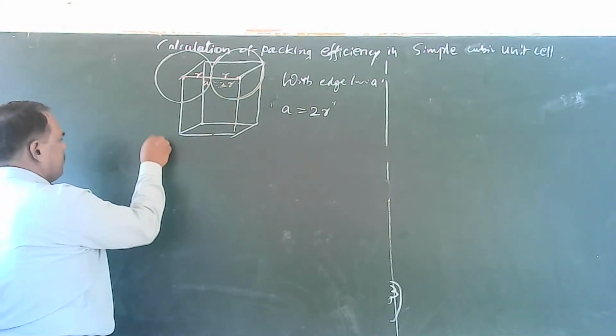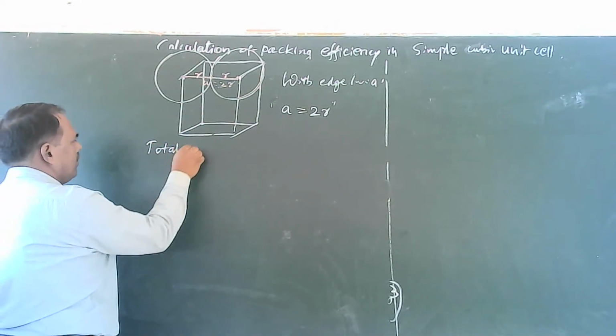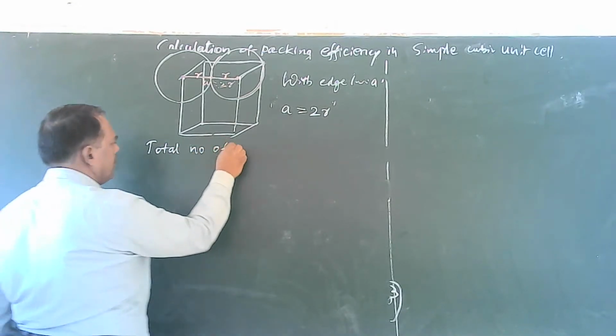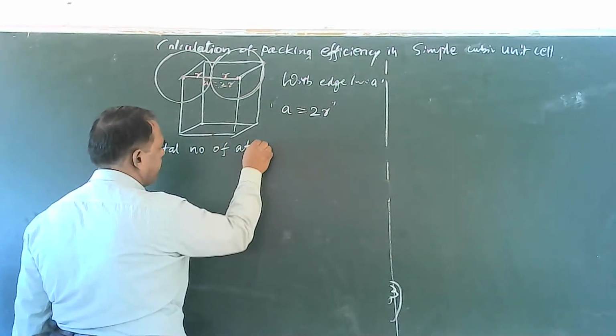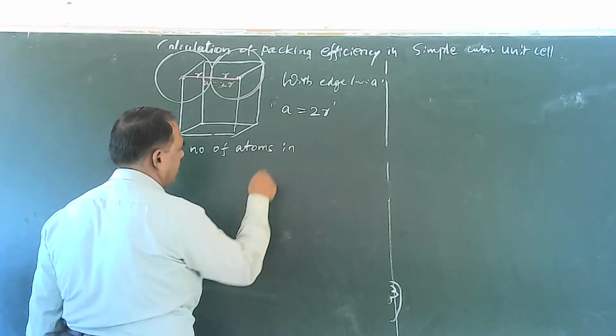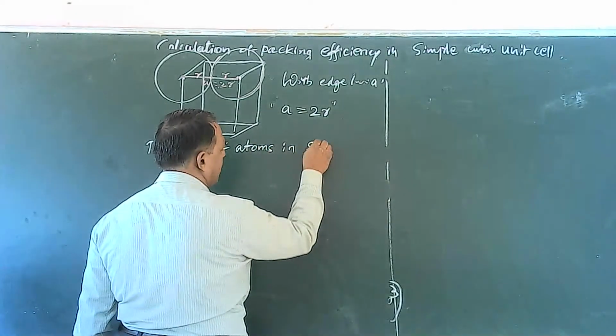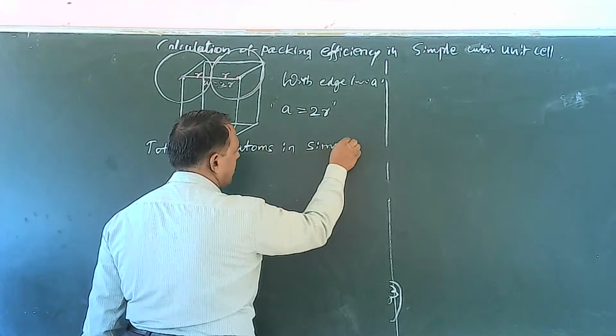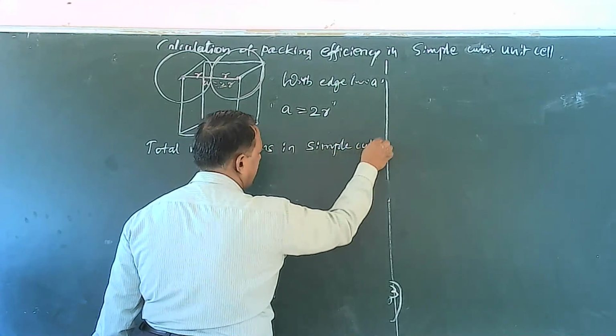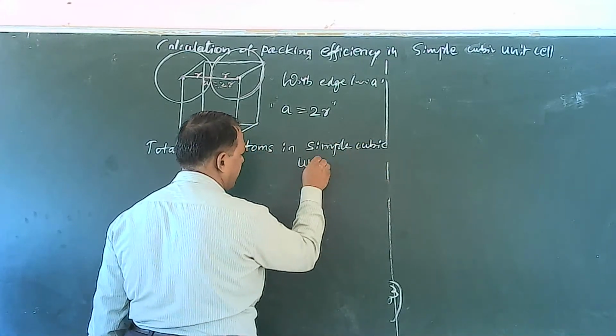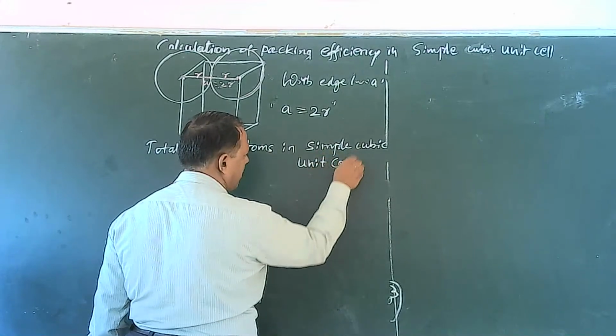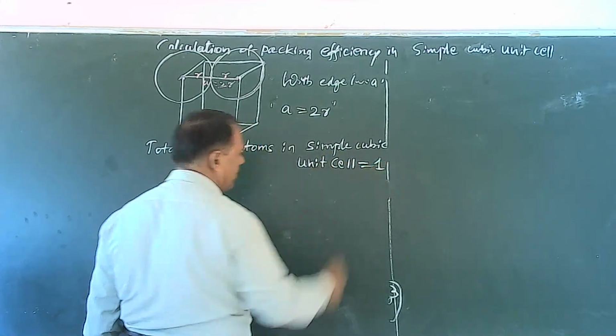What is the total number of atoms? So total number of atoms in simple cubic unit cell is equal to 1.